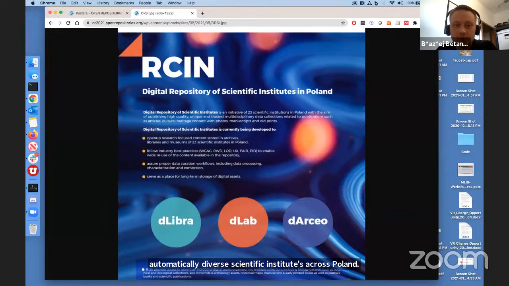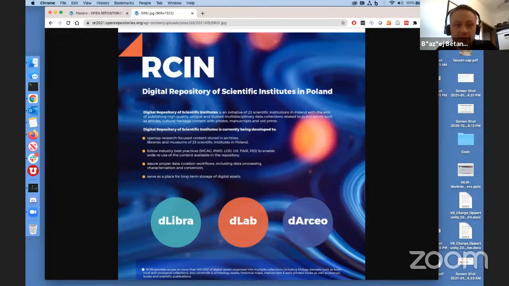RCIN is developed to give access to and promote digital resources. The poster covers information on technical solutions applied to increase the accessibility of data, for example, various metadata schemas like Dublin Core and Darwin Core, accessibility in terms of user interface, as well as large-scale digitization and underlying infrastructure.